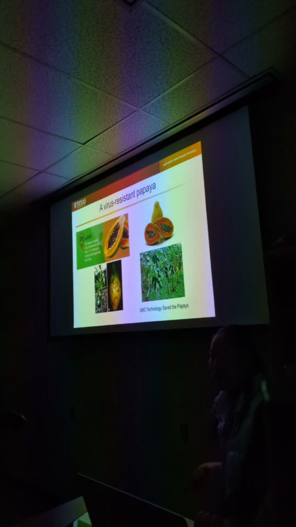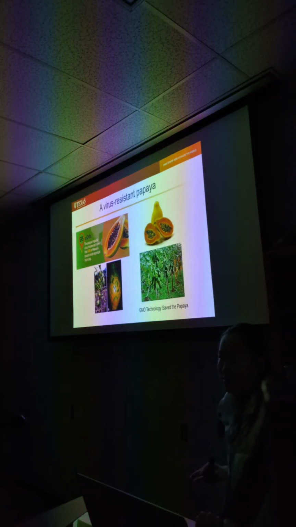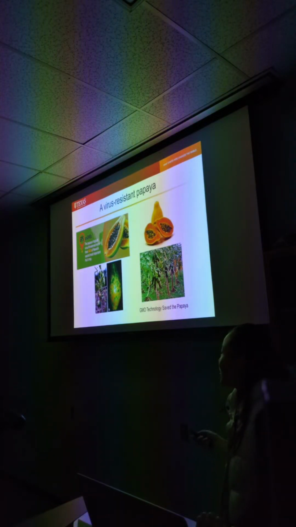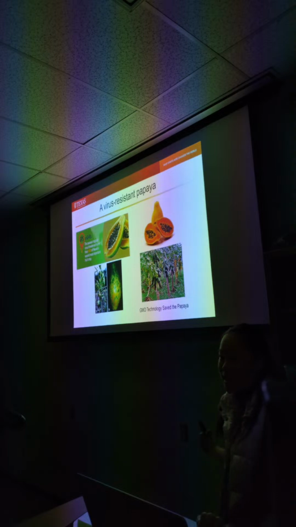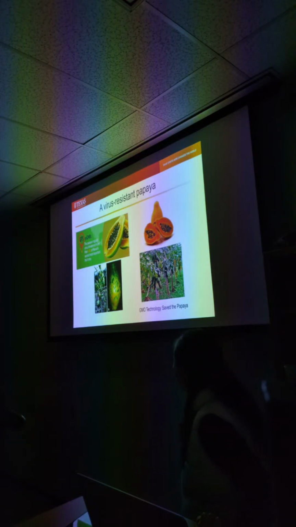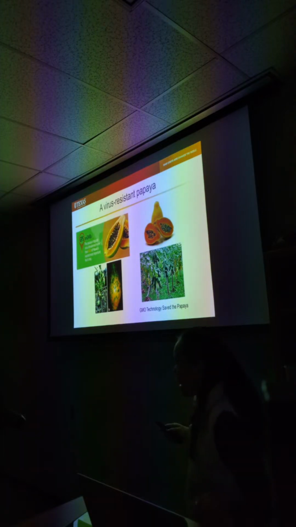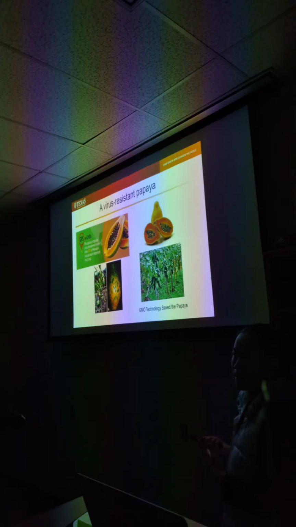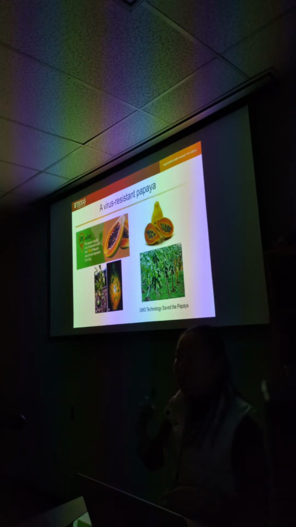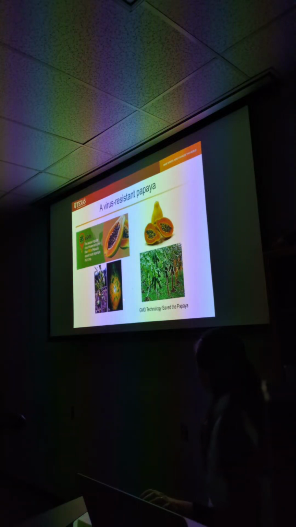The other example is papaya. I'm not sure if everyone knows, actually on the market right now, over 80% of the papaya, especially Hawaii papaya, are transgenic papaya. In papaya, there's a virus called the ringspot virus. It can infect the papaya plants, which usually will kill the plant and the fruit.